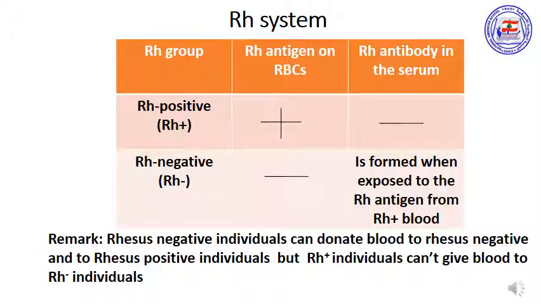So, when an individual is rhesus-positive, he possesses rhesus antigen on his red blood cells, as you see in the table, plus, and he has no rhesus antibodies in the serum. In the second row, when the individual is rhesus-negative, he has no rhesus antigen on red blood cells. You can see the sign minus. And the rhesus antibody is also absent, but it is formed when the individual is exposed to the rhesus antigen obtained from someone that is rhesus positive.